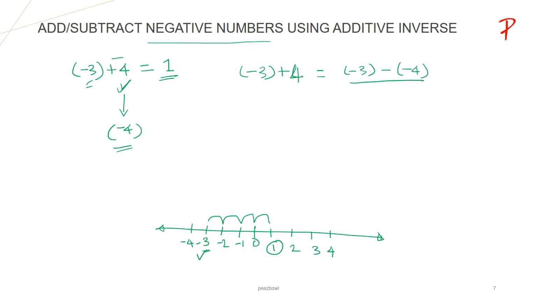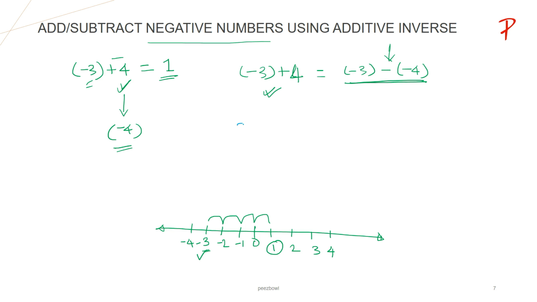Isn't it looking very complicated? Additive inverse is used to simplify problems, and this is pretty simple and straightforward. So whenever I need to add a positive number, I do not use additive inverse.